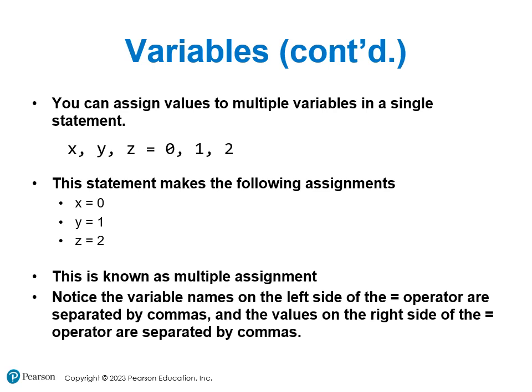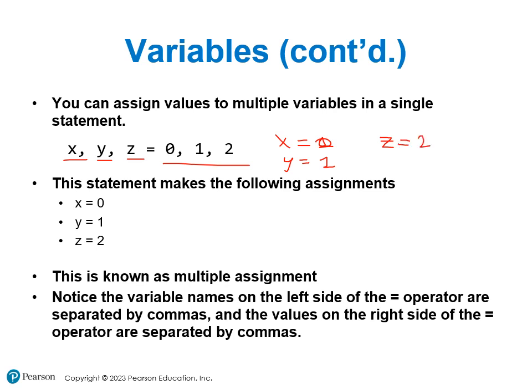You can also assign values to multiple variables in a single statement. In this case, we are assigning 0, 1, and 2 to variables x, y, and z. So this whole statement equals x equals 0, y equals 1, and z equals 2.